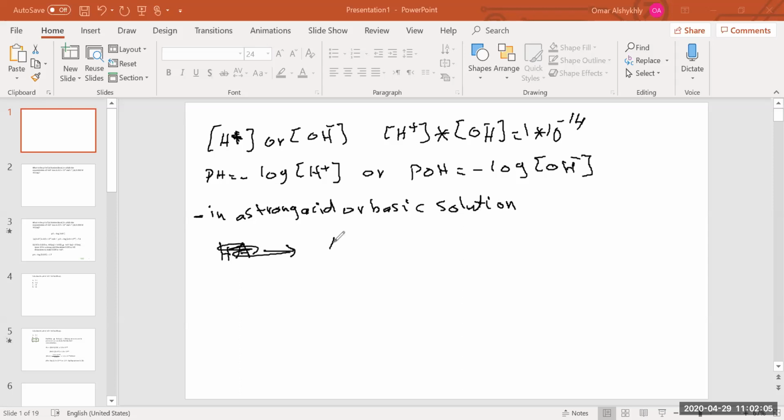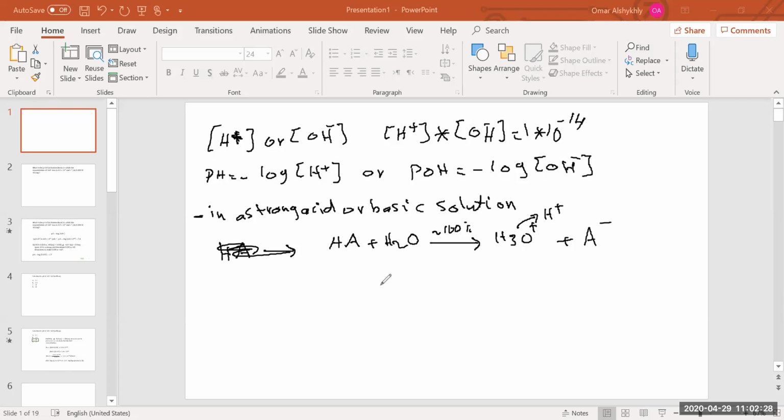That's it. HA plus water dissociates completely, approximately 100%, to give you H3O positive, which represents the H plus, and A negative.